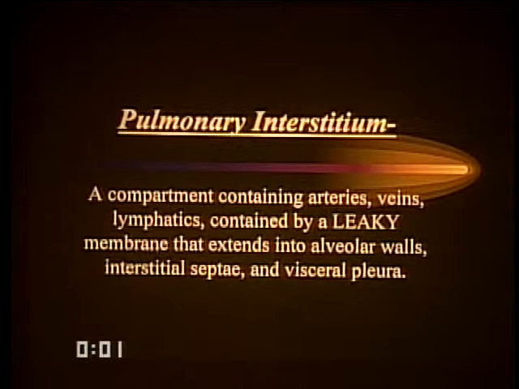It is divided into different spaces. The first of these is called the axial interstitium, and that is the tissue compartment that extends along the bronchi and artery and along the veins. It extends from the axial interstitium into the septal interstitium.